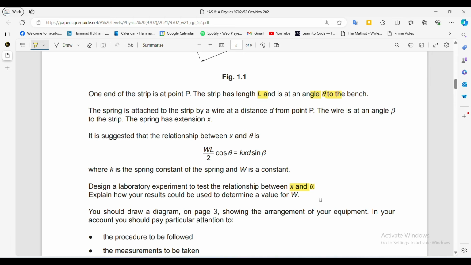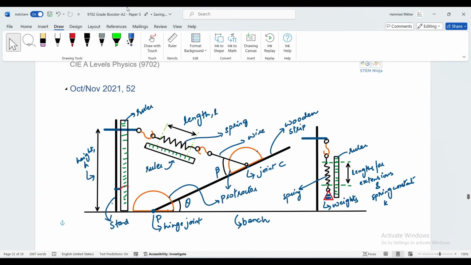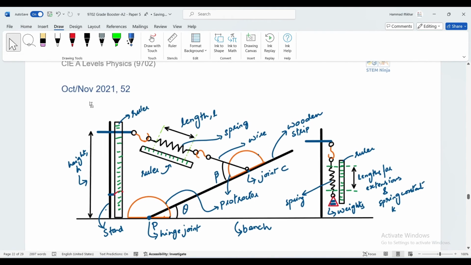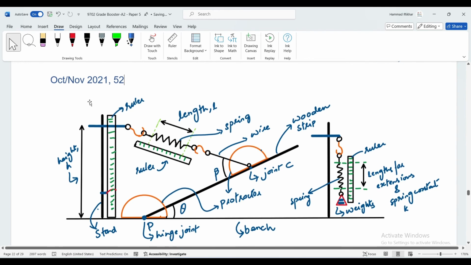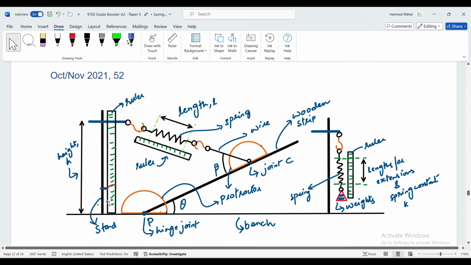Okay, all right, let's go to our diagram. This is the experimental setup that I'm using for this experiment. There's a ruler attached to the same stand to measure the height of this ring, which determines the height of this spring attachment.